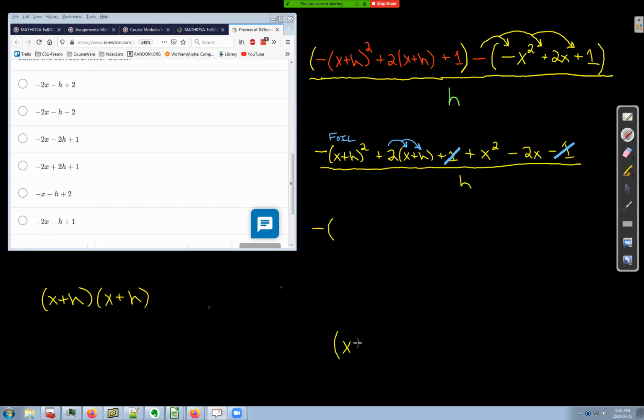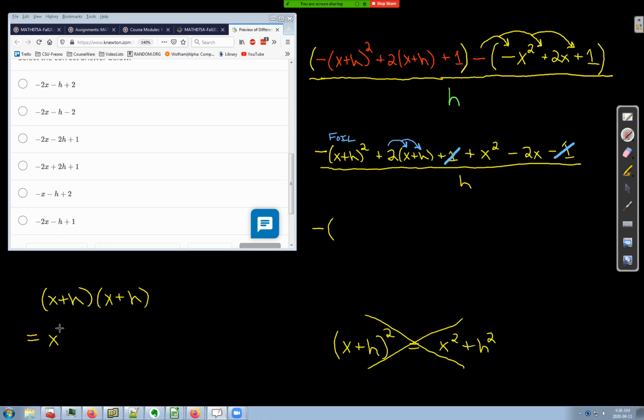If you're thinking, oh, (x plus h) squared, that's just equal to x squared plus h squared, it's okay to think that once, but then you should realize that that is a mistake and never think that again. Because (x plus h) squared means this, and when you multiply two binomials like this, you have to do FOIL.